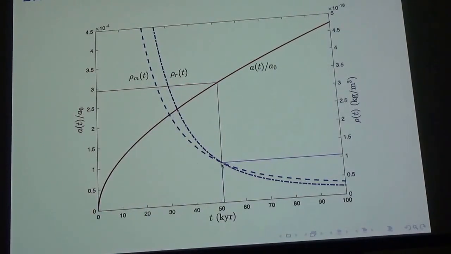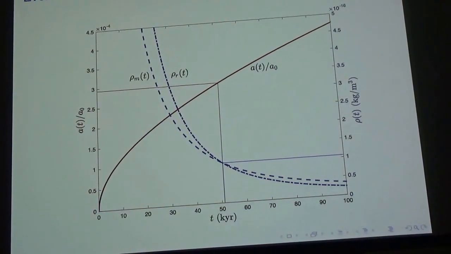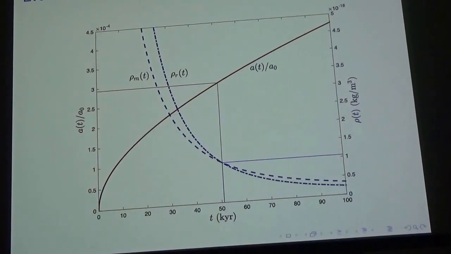And they cross at about 51,000 years and then continue like this. So for the first 100,000 years, you could say that in a certain sense, matter and energy were comparable in the energy densities. But for the first 51,000, it was mostly radiation. And after that, it was mostly matter.